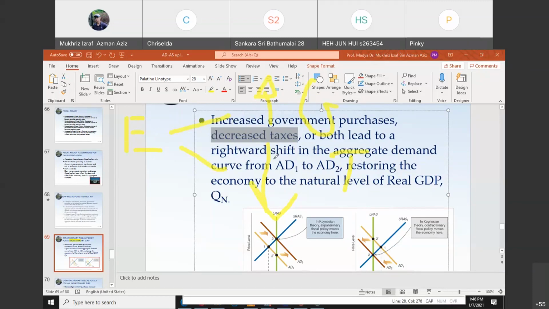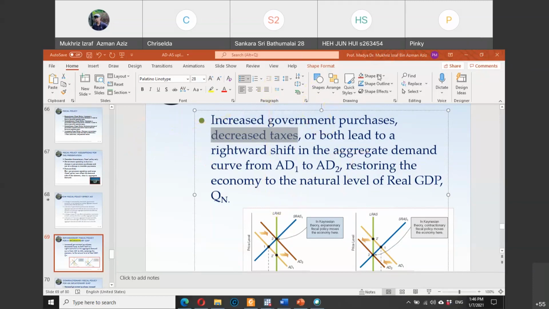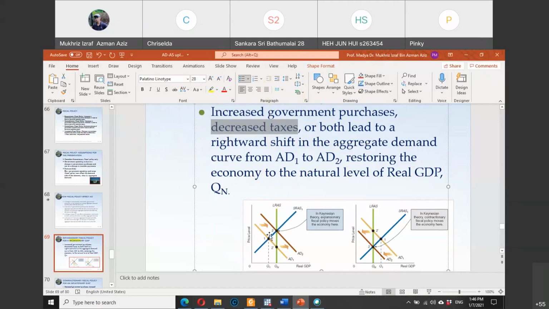Reducing tax means people will have more money because we pay less tax. That will cause the aggregate demand curve to shift to the right, as you see here.